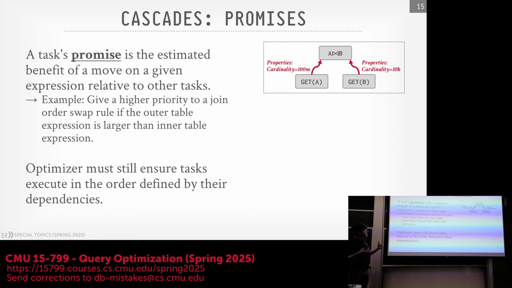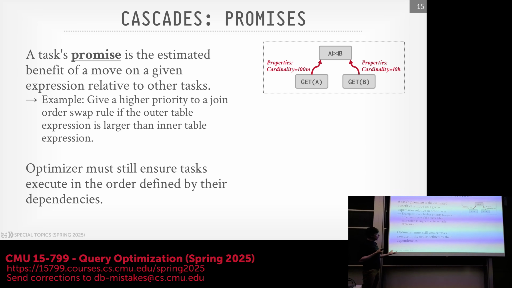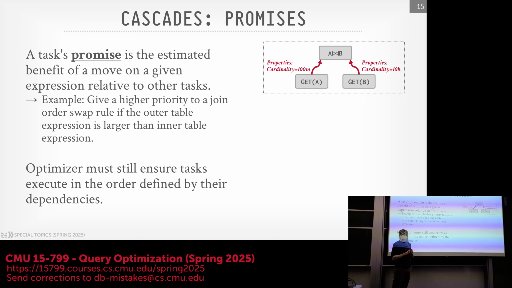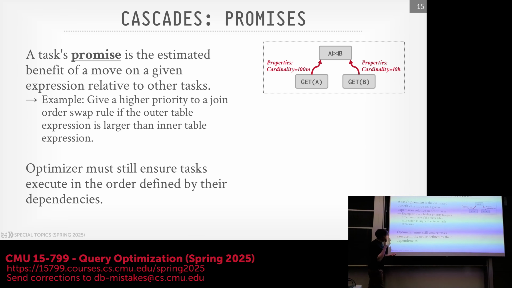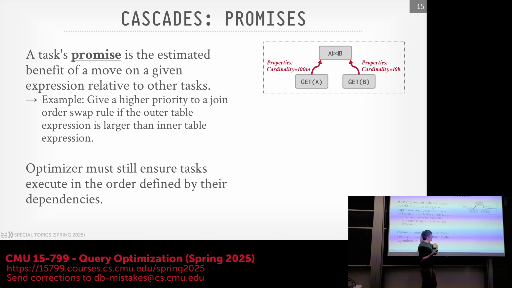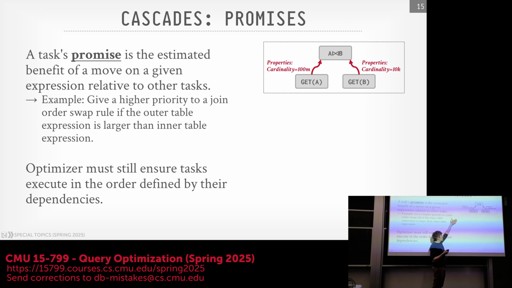So the promise is just an estimated benefit of a move on a given expression relative to the other tasks that the query optimizer could choose at that point. Let's say we have a simple query like this. We're going to join A and B, and we're keeping track of the relational properties, like the cardinality of each of these individual operators. Again, it's not a cost; it's just an estimate of how much data is coming out of it.